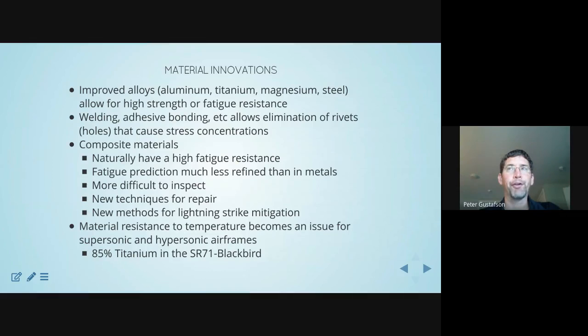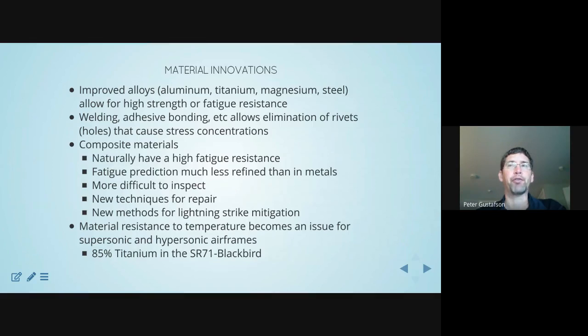I'll mention some material innovations. Now, this is not a class in material science. There is an excellent class at Western in that discipline. In many ways, we're treating our materials as linear elastic materials, a very simple approach in this class. However, materials have allowed innovation that's quite important to us as structural engineers. So, for example, we have aluminum alloys and other alloys, other metals that are constantly being improved by material scientists.